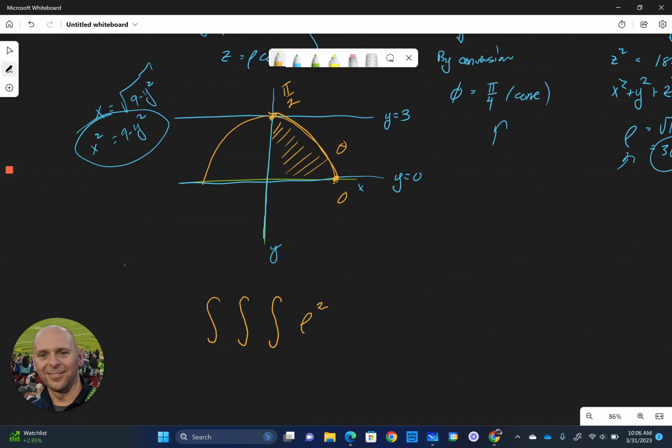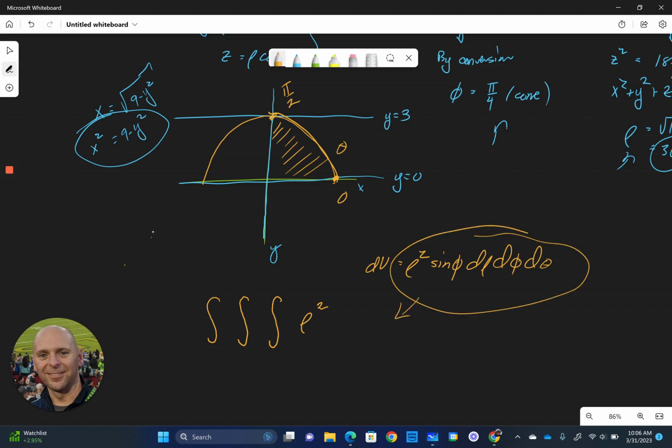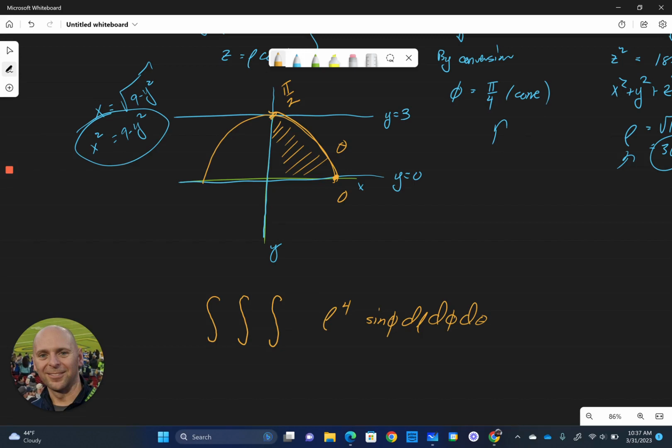And we're integrating in spherical coordinates, so our dV in spherical coordinates, you'll remember, is rho squared sine phi d rho, d phi, d theta. So we'll bring this down into our integral here. Okay, now that we've got that there, you can see I've also simplified down our integrand.